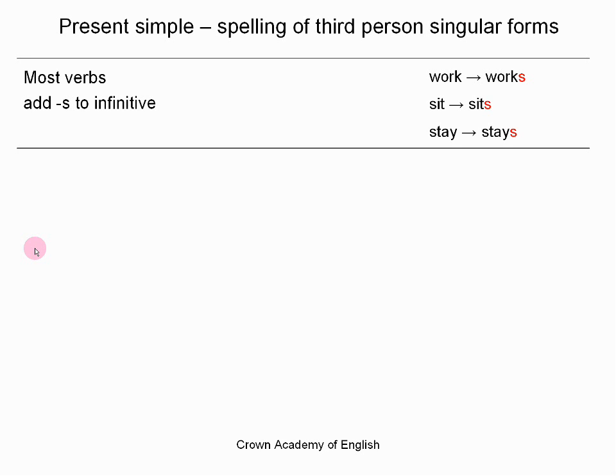And so this is, as you can see on the slide, the case for most verbs. And another example would be sit. So to sit becomes he, she, or it sits. And it's the same for stay. So we have the verb to stay, and that becomes he stays, or she stays, or it stays. Okay. Now let's have a look at some exceptions.